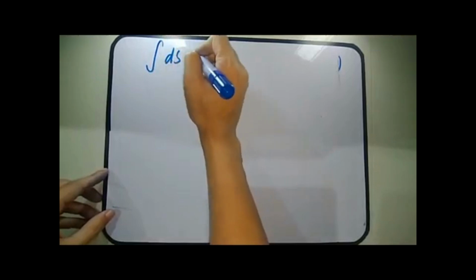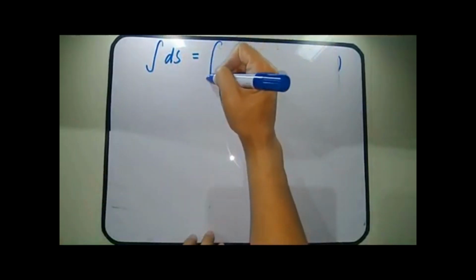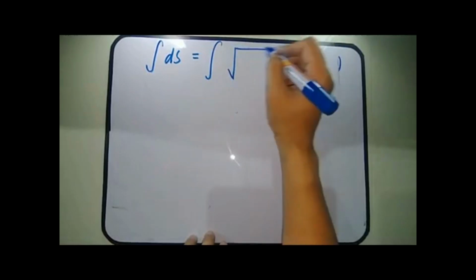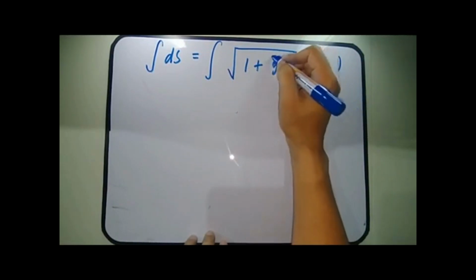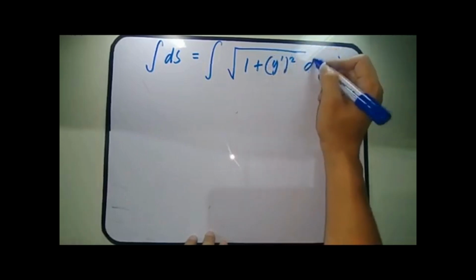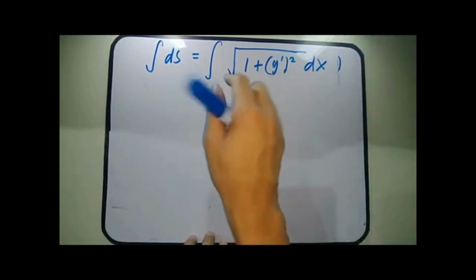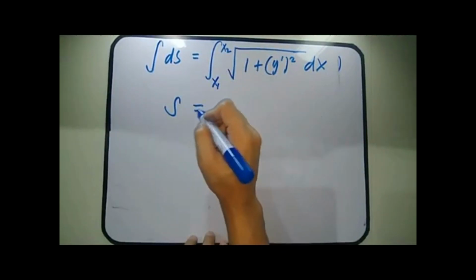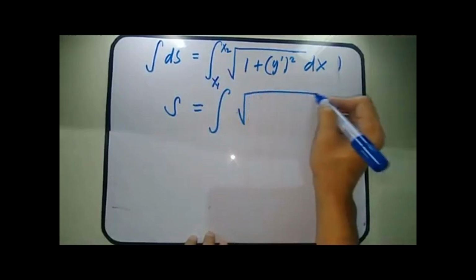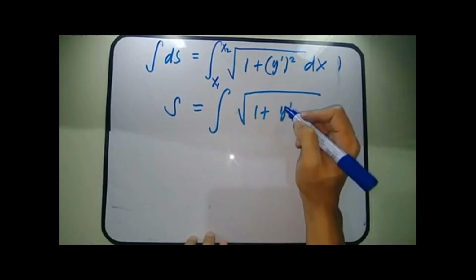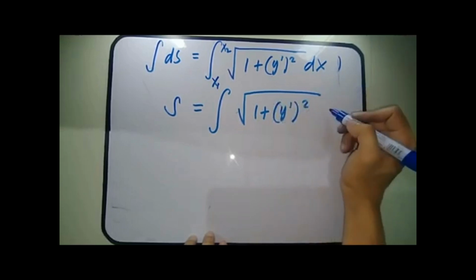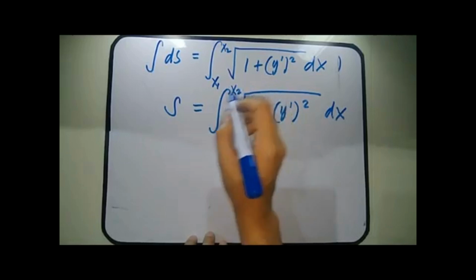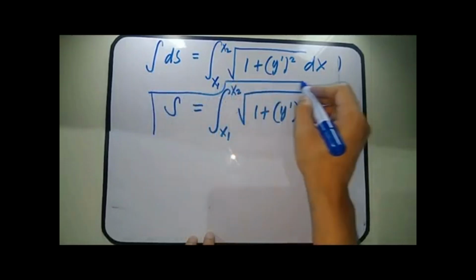We have here the integral of differential of s is equal to the integral of the square root of 1 plus y prime squared dx from x1 to x2. We can say that s is equal to the integral of square root of 1 plus y prime squared differential of x from x1 to x sub 2. So this will be our formula here for the arc length of a curve.